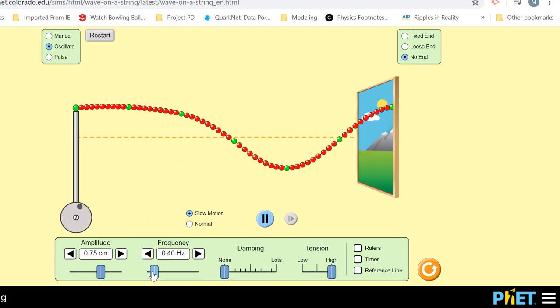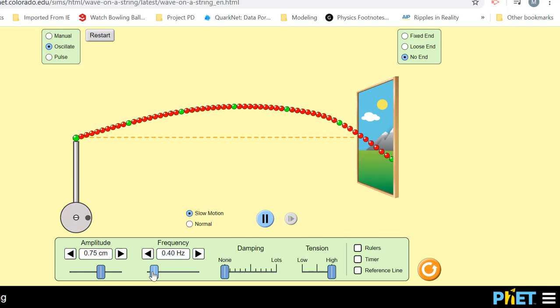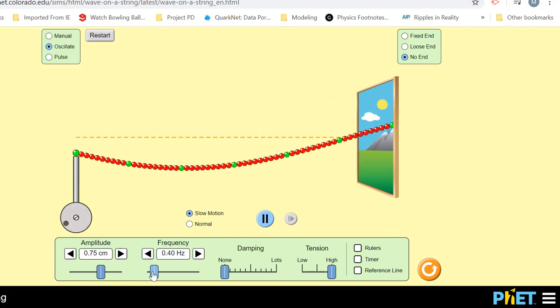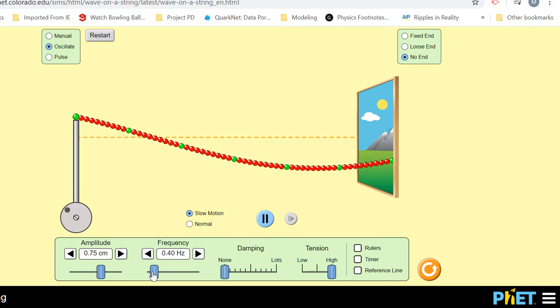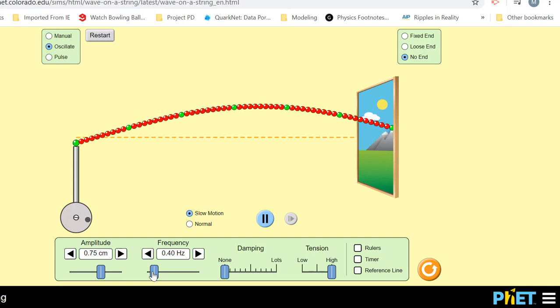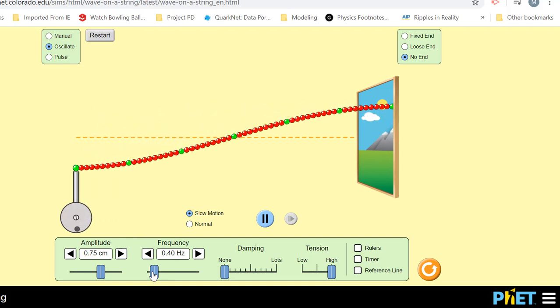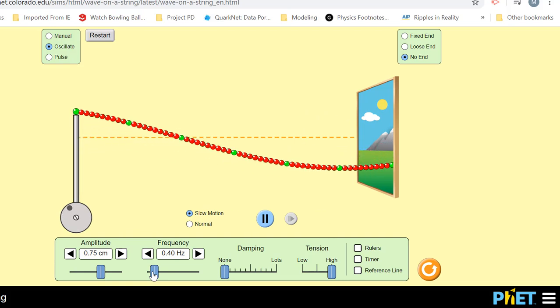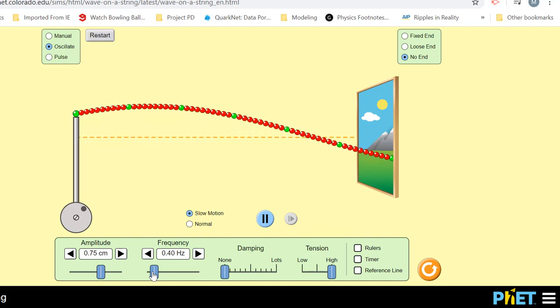So it reaches the top, and that peak is still moving along, even though the up and down motion is much slower. The side to side motion actually is the same.